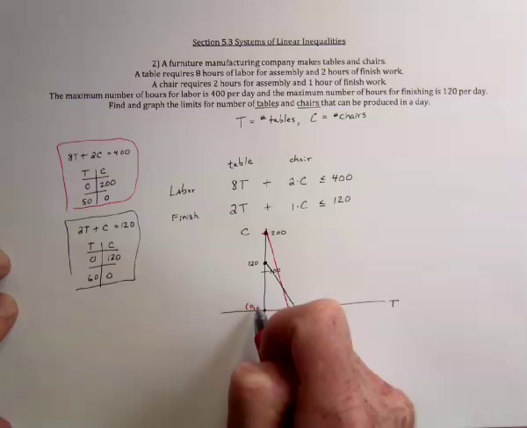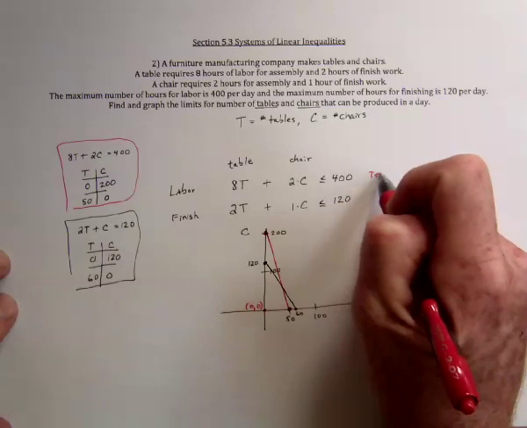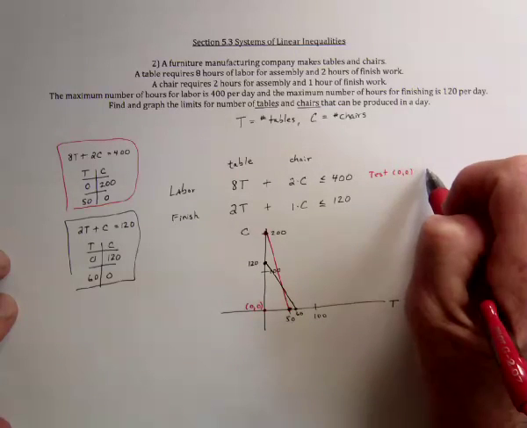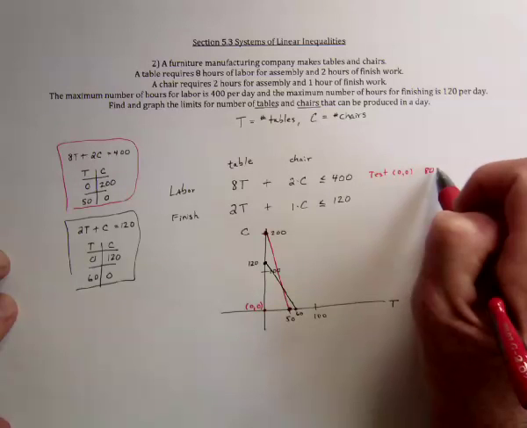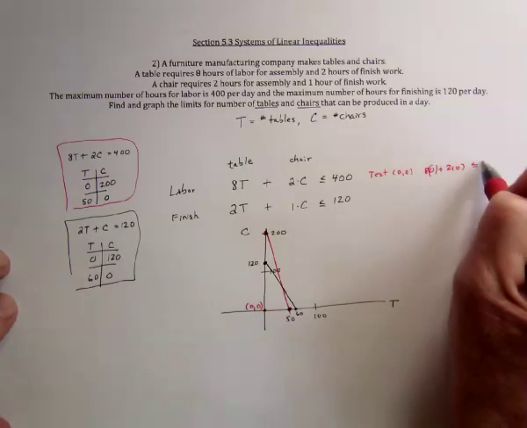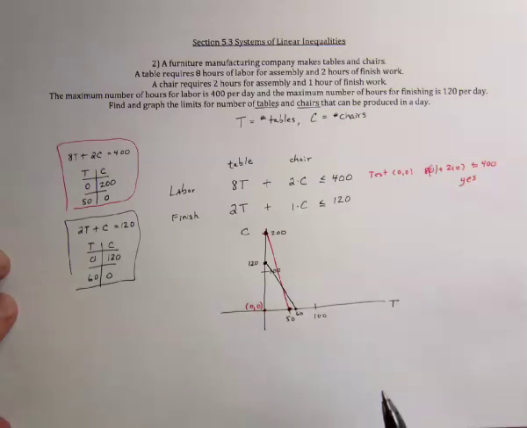Like, for example, 0, 0. And if I test 0, 0, this one is going to be 8 times 0 plus 2 times 0. Is it less than or equal to 400? And of course 0 is less than or equal to 400, so that one's true.